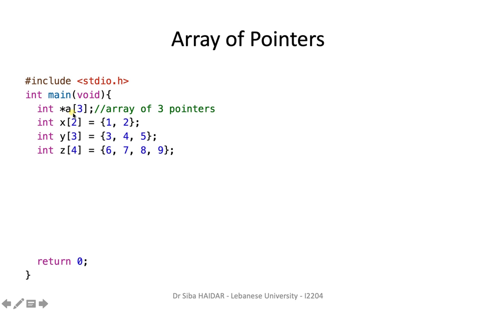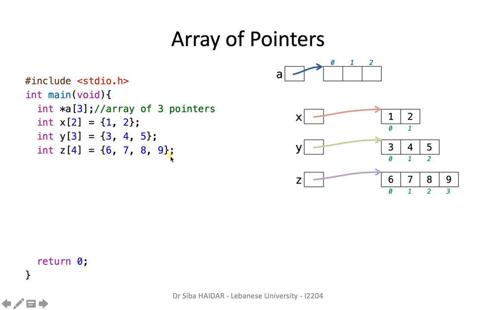Let's continue and see what we are trying to show you here in this partial program. I am declaring a, and I am declaring 3 one-dimensional arrays, x, y, and z, each of different lengths. So x holds 2 elements, y is an array of 3 integers, and z is an array of 4 integers. So this is the representation. a is an array of 3 integer pointers, and x, y, and z are arrays of integers. So what can I do with this? I can say a of 0 receives x.